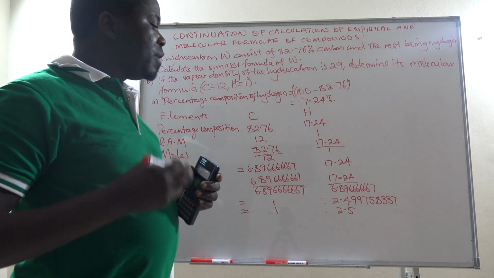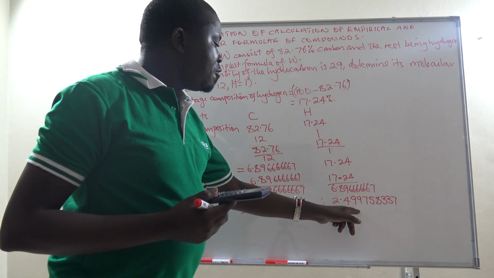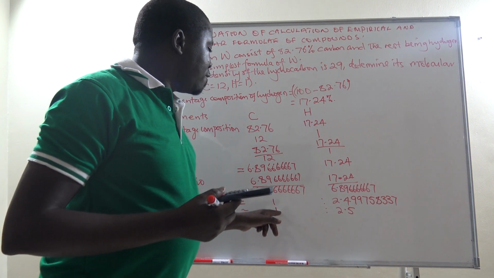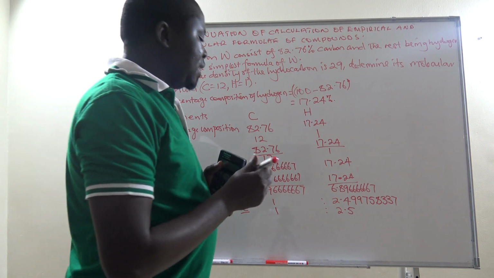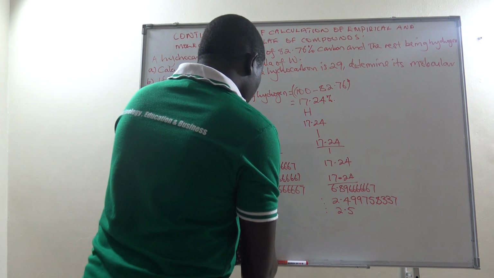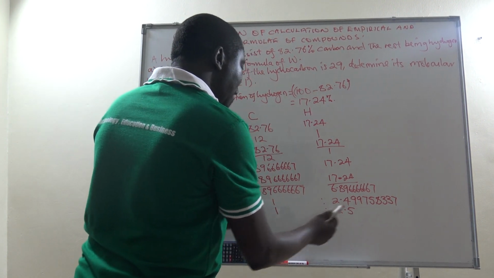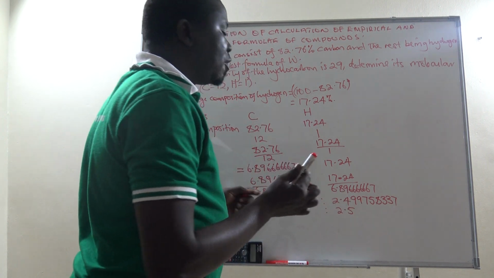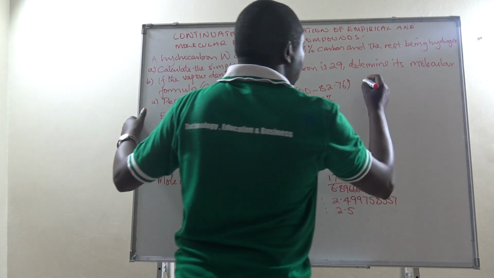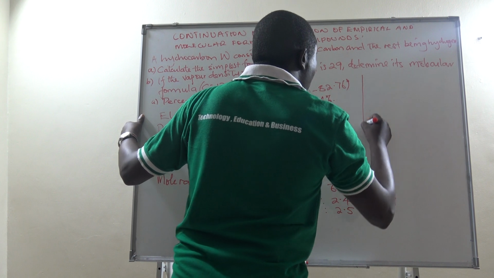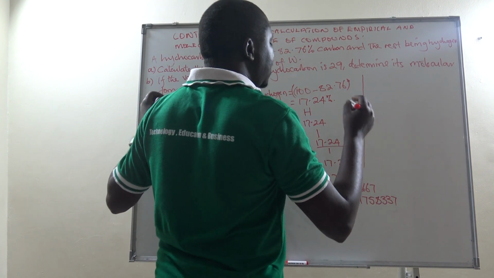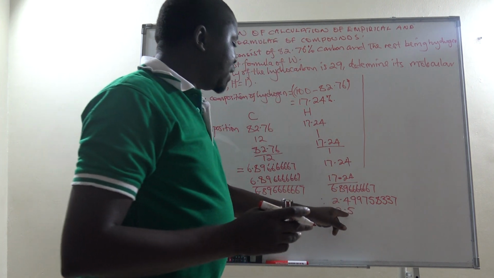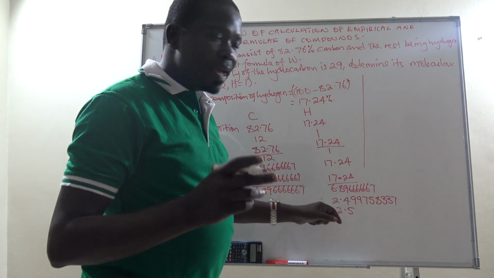Now, the point is here. In most cases, we look for a number which we can multiply each number of moles with in order to get a whole number. But the simplest way is here. What we are going to do is, we shall have to convert this decimal number into a fraction. As you can see, we are having 2.5 as being our fraction. So we shall get the fraction which corresponds to 2.5 this way.